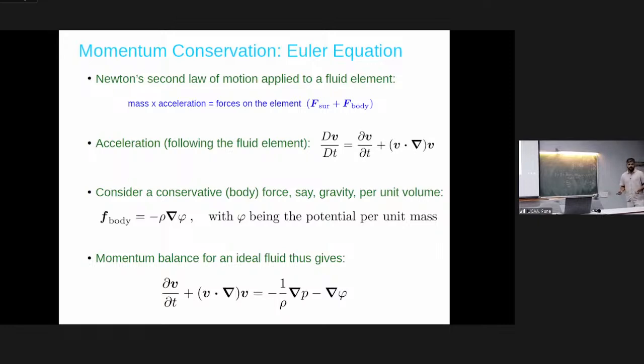That's an acceleration. Some people like to write rho on this side, some people write it like this. Either way it's fine, so long as your dimensions are all fine. So this is a momentum balance for an ideal fluid: the total rate of change of velocity is given by the surface forces, body forces, and any other additional forces that you subject your fluid to.